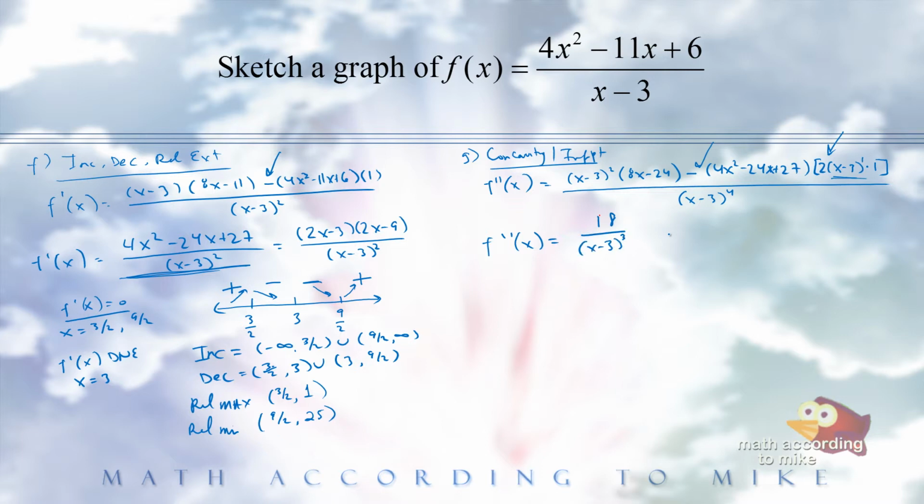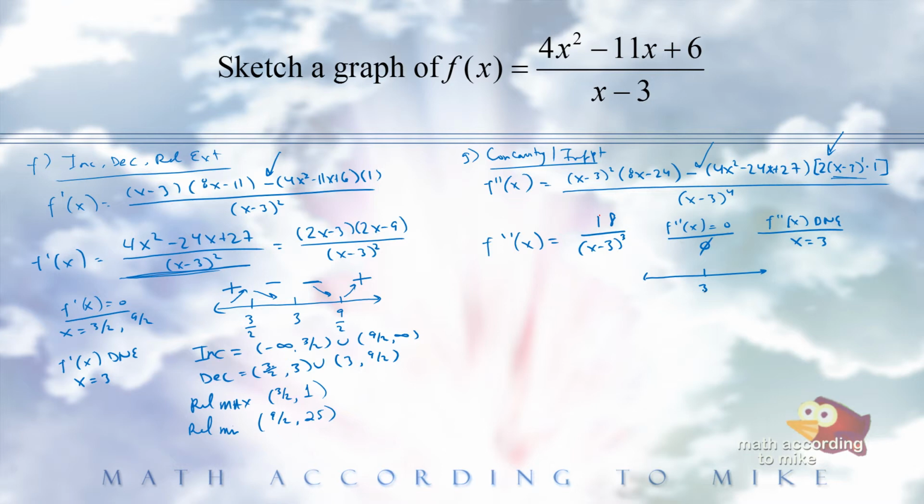How nice. Well, the second derivative equaling 0, this doesn't happen because the numerator is never going to equal 0. The second derivative not existing, again, that's x equaling 3, but just like before, we can't expect this to be an inflection point because we have a vertical asymptote at 3.